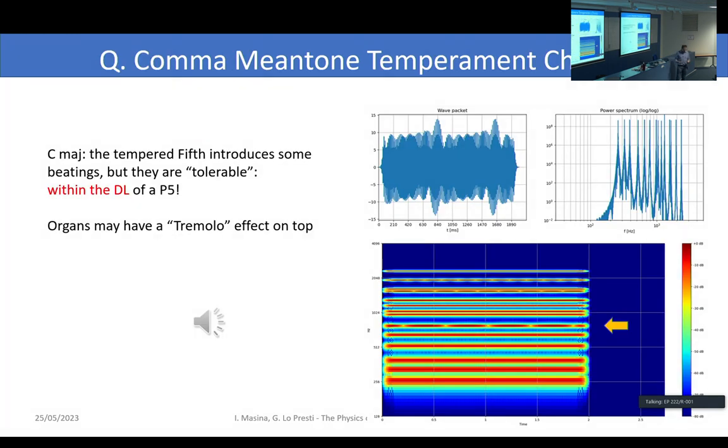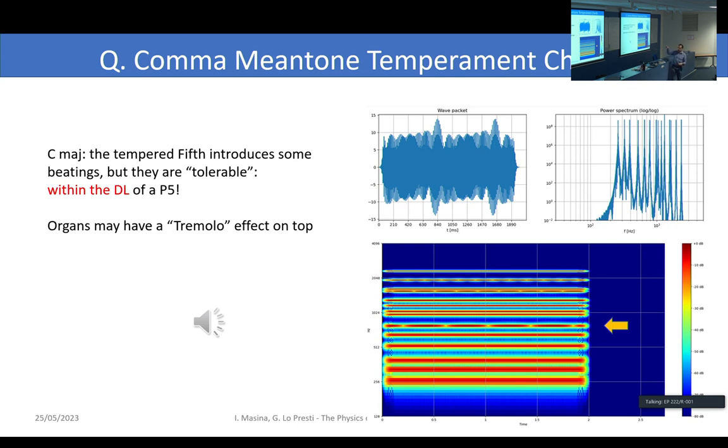Yeah, why not? So, okay, how does it work? Well, again, we can hear how the C major works, and already you can see the waveform. I mean, you see the beatings, but it's not that bad after all. They are tolerable, because it's indeed within the discrimination limit of a perfect fifth. And you see the pattern here on the arrow.